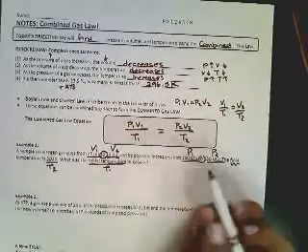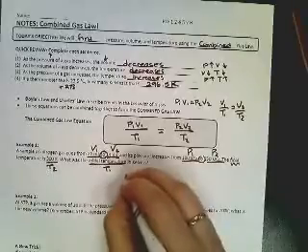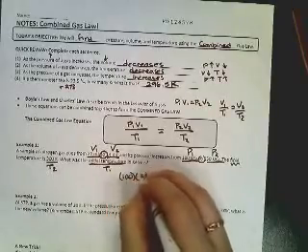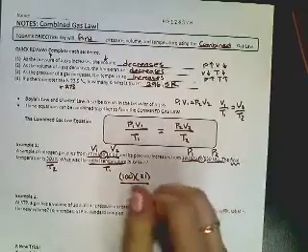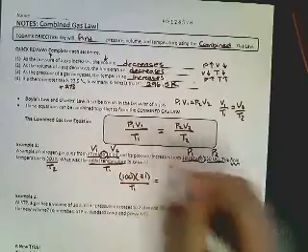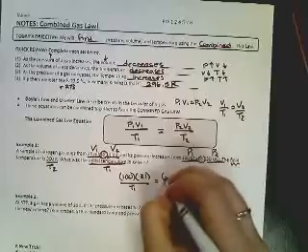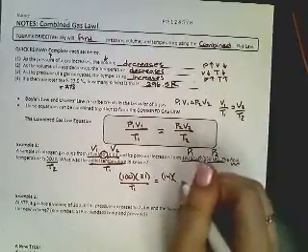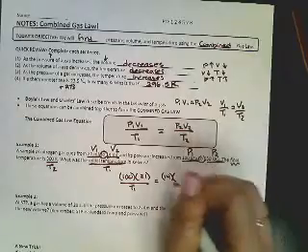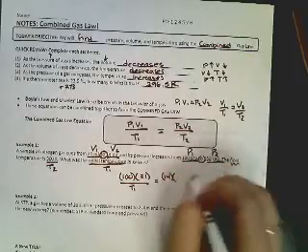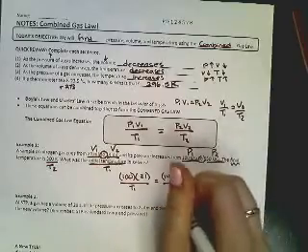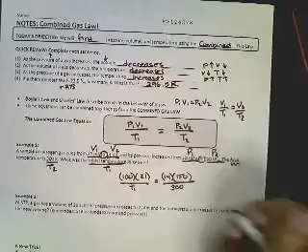I'm using this equation, plugging it in, I have P1, which is 100, times V1, which is 21, over T1, which we don't know, equals P2, which is 150, times V2, which is 14, over T2, which is 300.